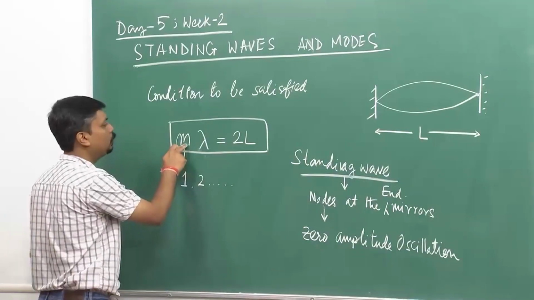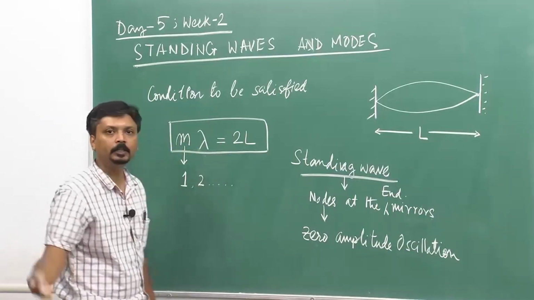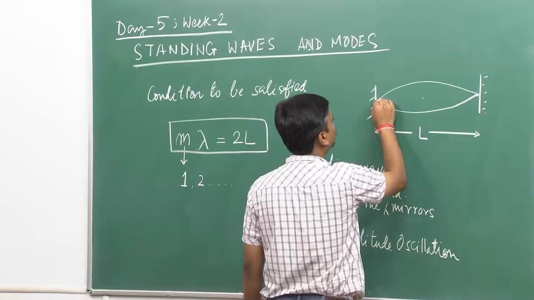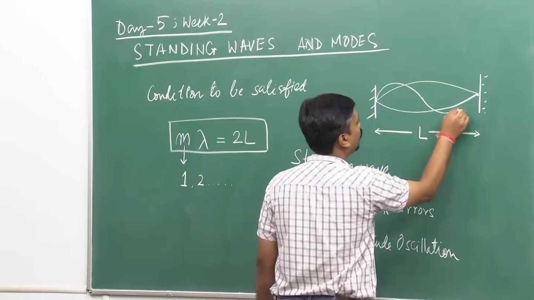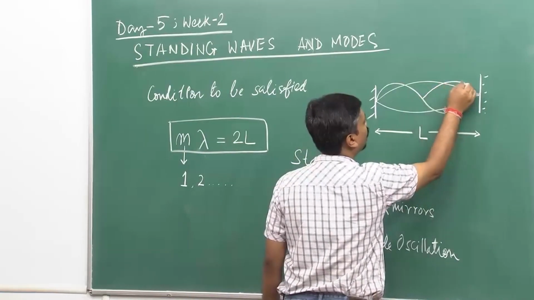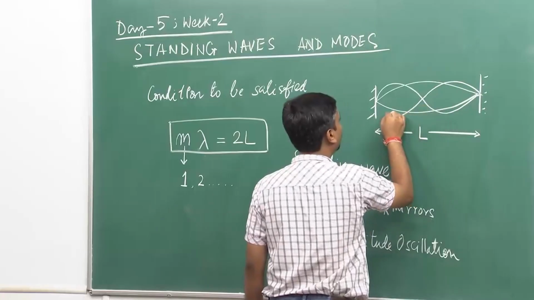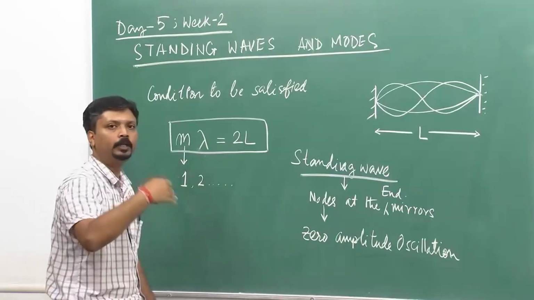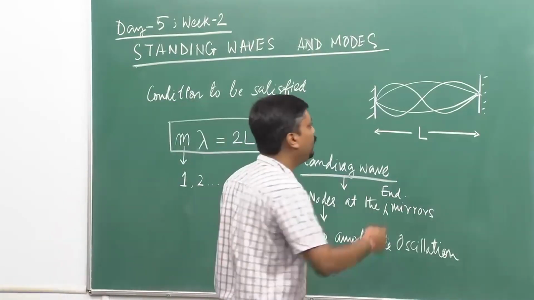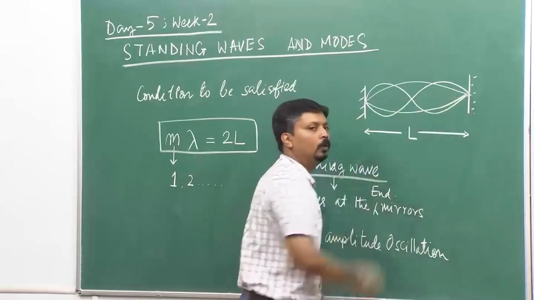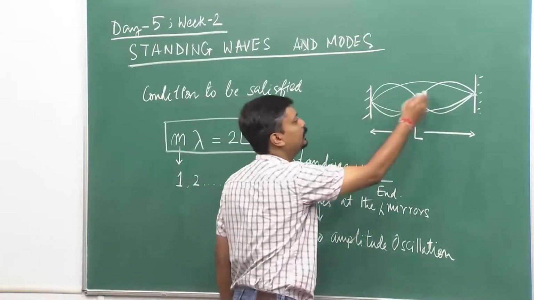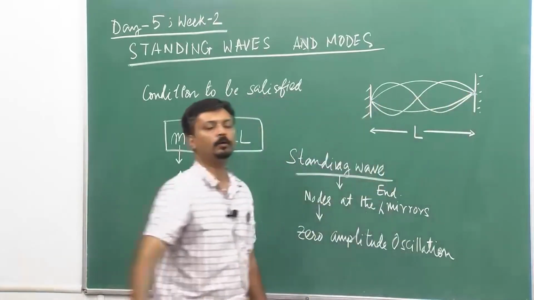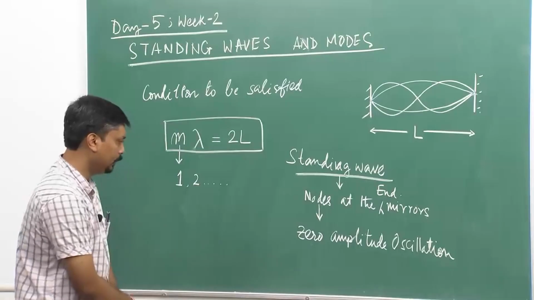So, here essentially m equals 1, lambda equals 2L, very easy to figure out. You can have it like this. So, you keep on increasing the m, 2, 3, 4, up to n. There will still be nodes here and also inside, but my primary requirement is that there should be nodes at the ends, the end mirrors.